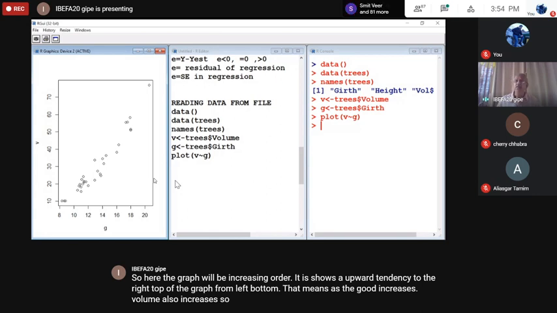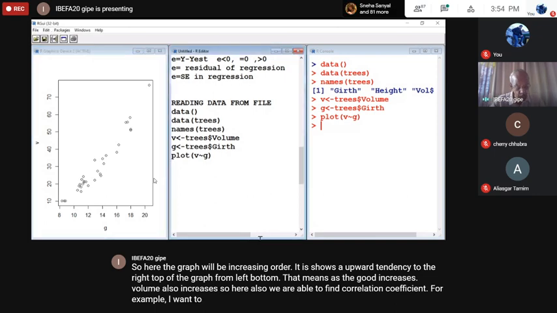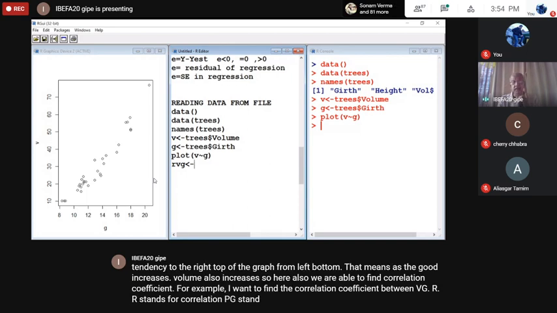So here also we are able to find the correlation coefficient. For example, I want to find the correlation coefficient between V and G. R stands for correlation, V and G stand for variables.